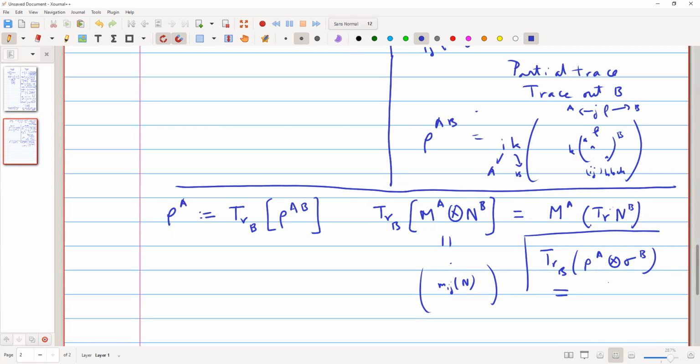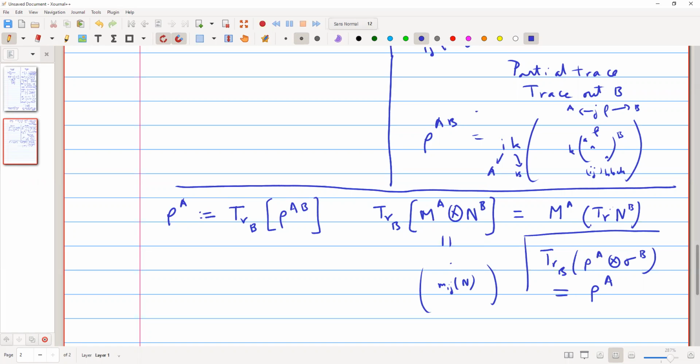I know trace of sigma_B is 1, so I'll just get rho_A. What is this telling me? If I take a product density matrix and I trace out, which is basically ignoring the system B, what is the marginal on the system A? It is rho_A, as it should be.